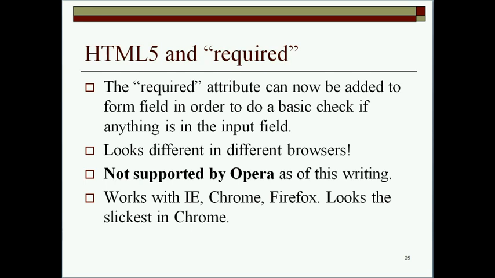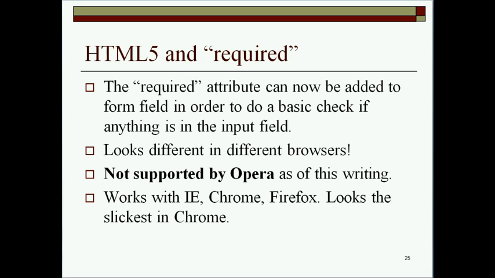The required attribute is new in HTML5, and it can now be added to most form fields in order to force that a user provides input for that particular field. It is a very basic form of validation that provides a basic check to make sure that input has been provided for a particular field.